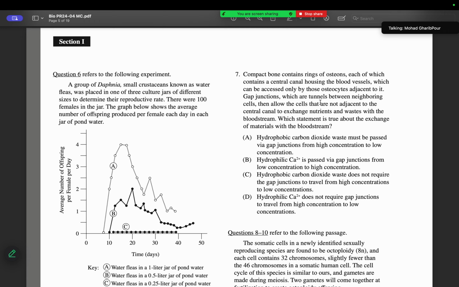Gap junctions, which are tunnels between neighboring cells, then allow the cells that are not adjacent to the central canal to exchange nutrients and waste with the bloodstream. Which statement is true about the exchange of materials with the bloodstream?